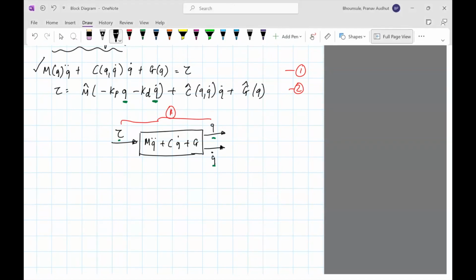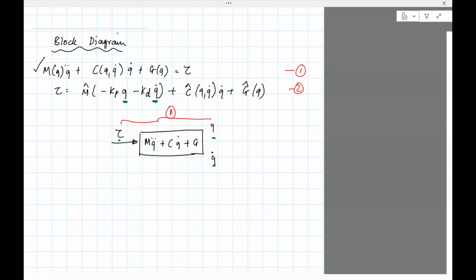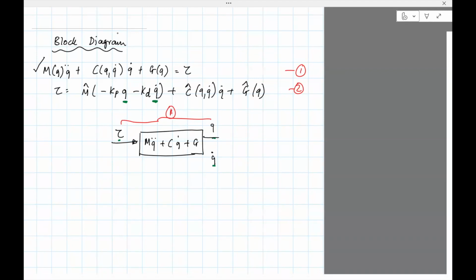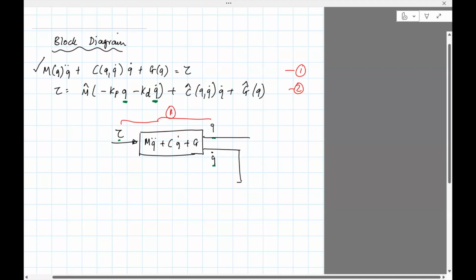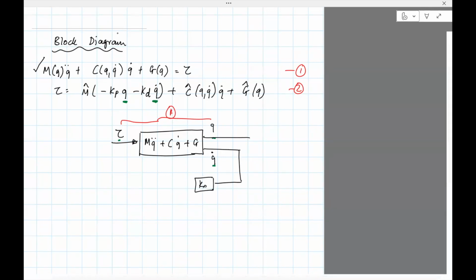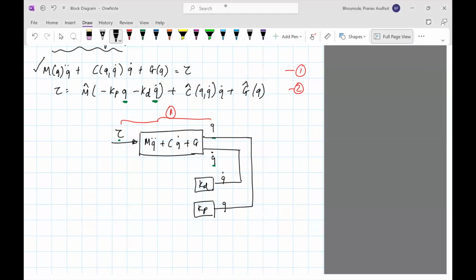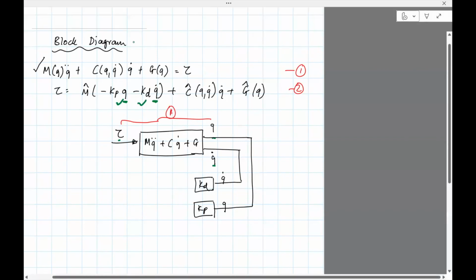So let's do that first. This is the block which multiplies with kd. And this multiplies with kp. So q dot comes here, q comes here. And so we've taken care of this part and this part in some sense.